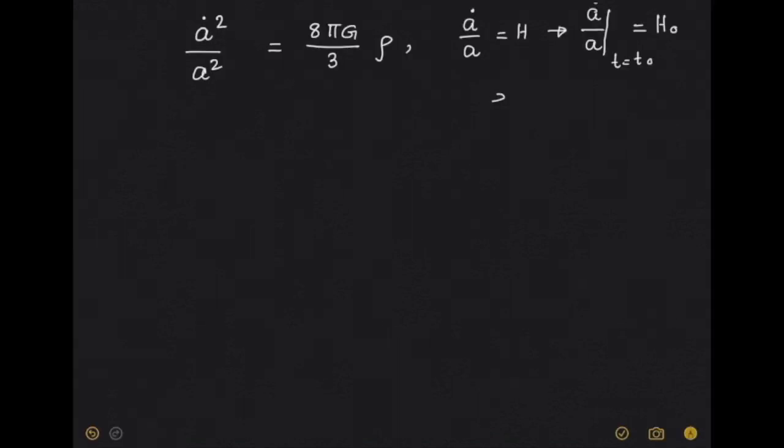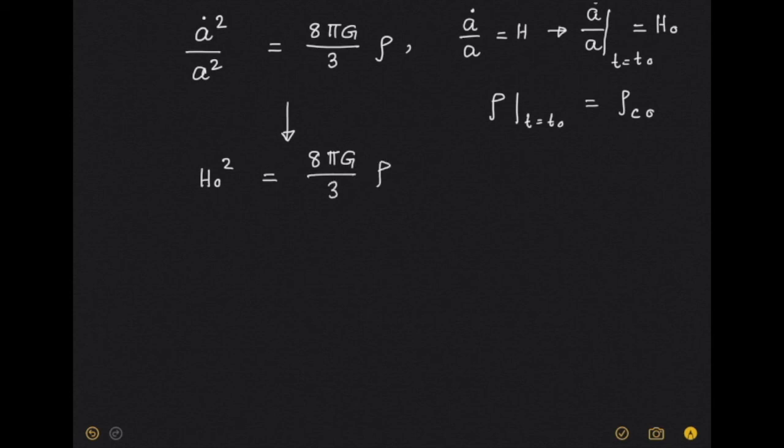as h naught. And let us also define rho at t equals t0. We'll call this rho c0. So if I use these, I get from here A dot square by A square, which is h naught square, equals 8 pi G by 3 rho c naught.